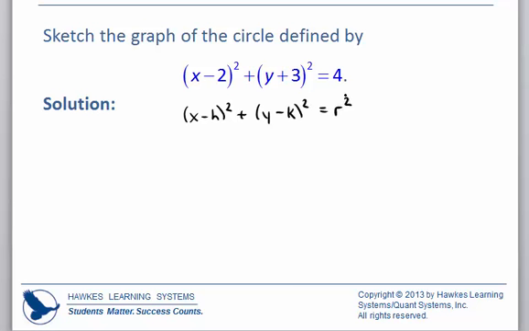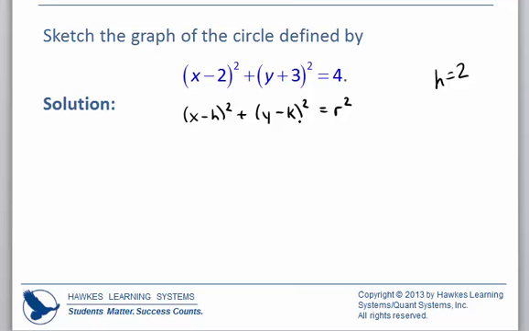The only step we really need to do first is rewrite our given equation in a format that is exactly the same as the standard form. For example, the x − 2 is an exact match of the x − h. It's x in both cases, it's subtraction in both cases, and we could conclude then that the h value is a 2.